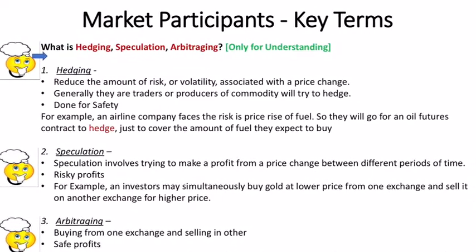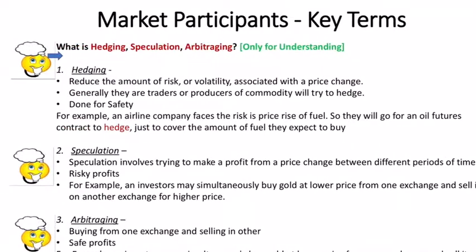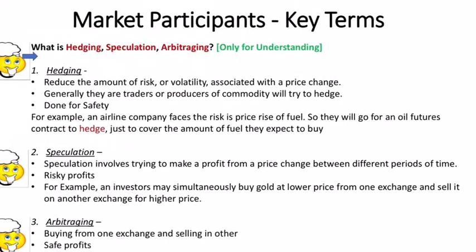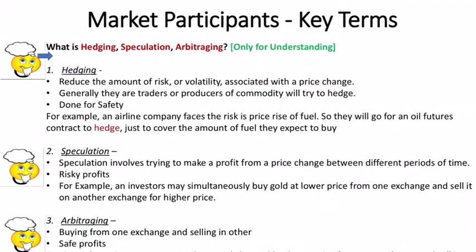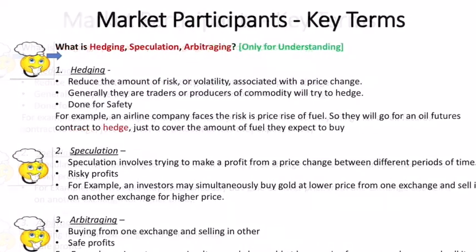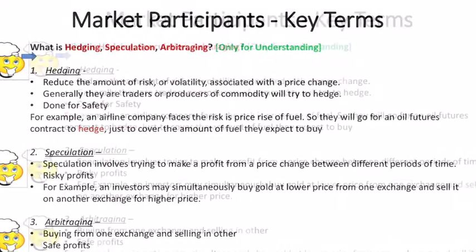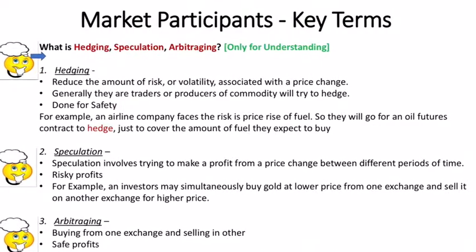The advantage they get is whatever risk is involved in price rise, they are offsetting that. So hedging means you are reducing the risk or completely eliminating the risk because of price fluctuation. So hedging is getting away with the risks involved in price fluctuation.